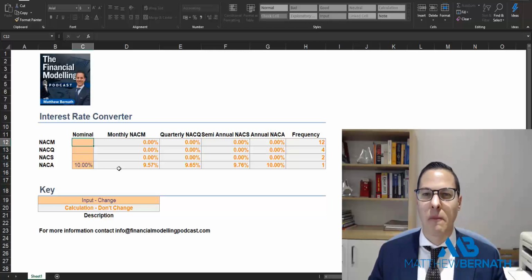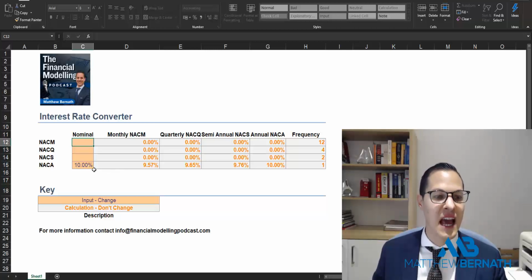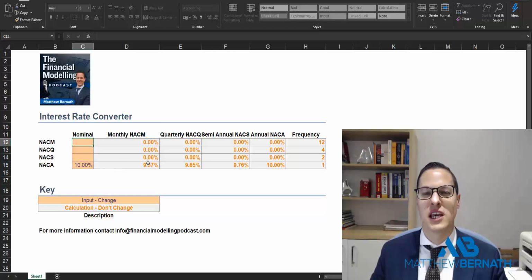We can see how this compounding effect would go on over the year, and if you apply the exact same interest rate of 10% each month, your total amount of interest will actually be higher. That is why 10% as an annual rate is actually equivalent to 9.57% if you compound monthly.